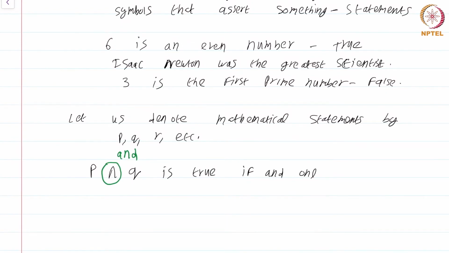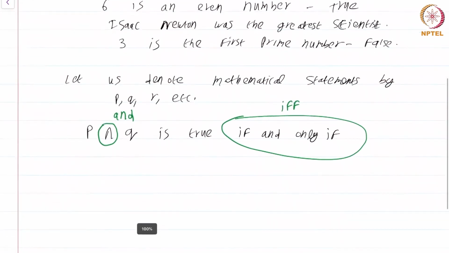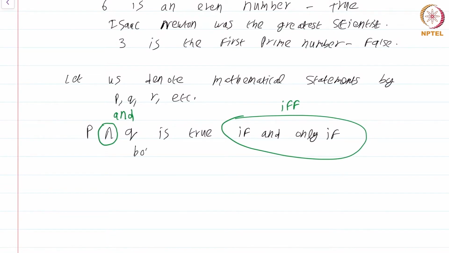Now this combination of words, if and only if, arises so frequently in mathematics that the famous mathematician and textbook writer and expositor Paul Halmos developed a shortcut which we will borrow, if and only if, as IFF. So the statement P and Q is true if and only if both P and Q are true.